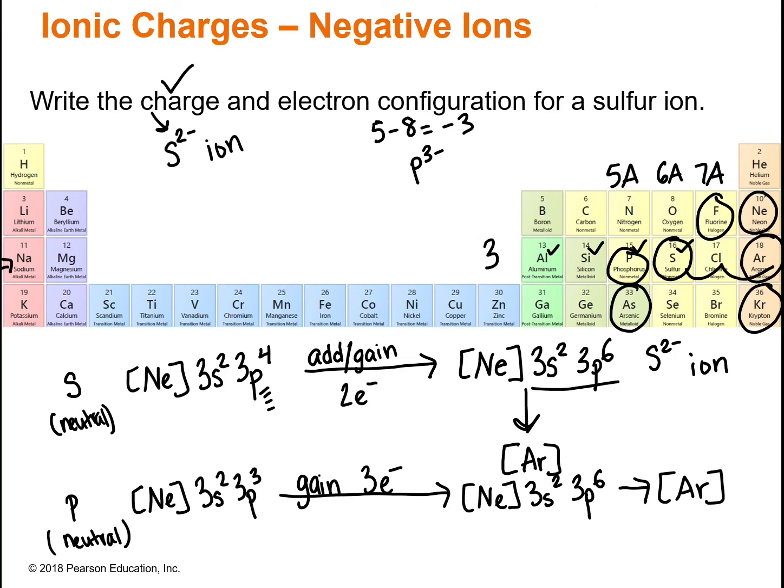You have to take 7 and subtract 8. So it's going to be -1. You can just put a minus sign, okay? So that's the fluorine ion. What is the noble gas configuration going to be for fluorine? It's going to look like neon. Because we're adding 1 electron, and that's going to complete the 2p.